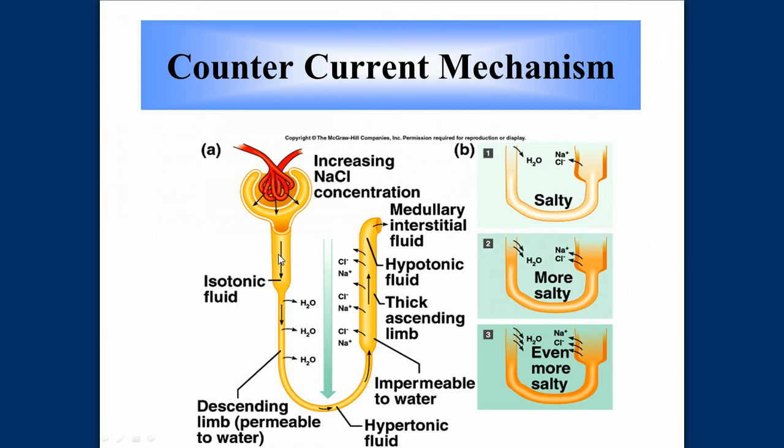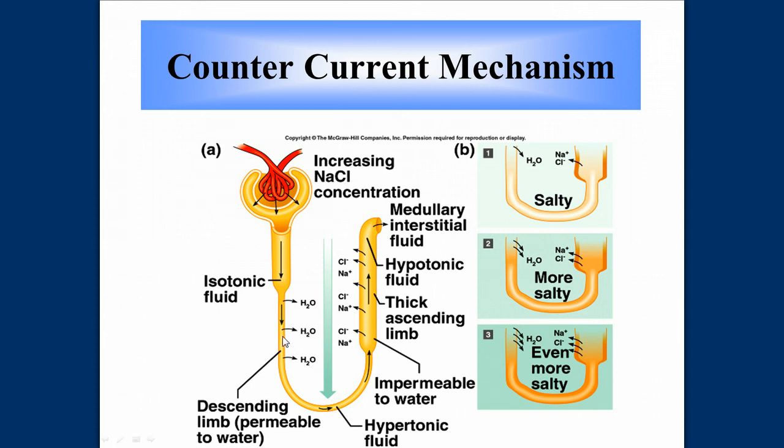The proximal convoluted tubule and the descending limb of the nephron loop are permeable to water, so some water passes through the tubule into the interstitial fluid, and then some is reabsorbed by the peritubular capillaries into the blood plasma and bloodstream.